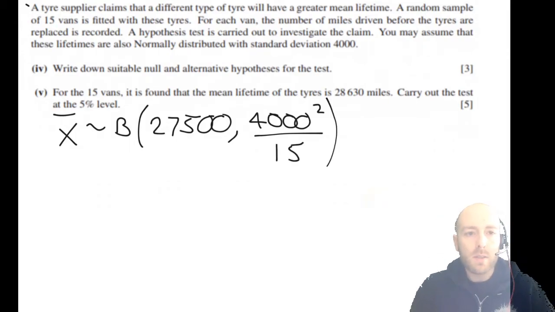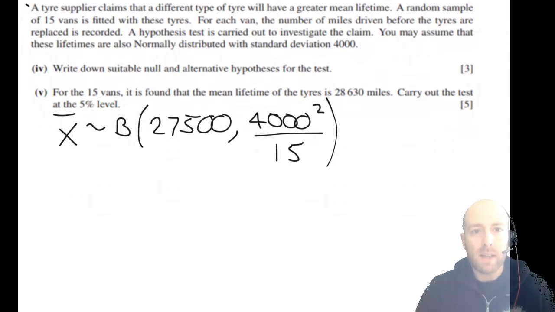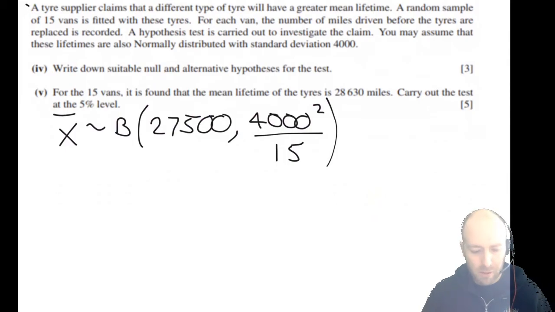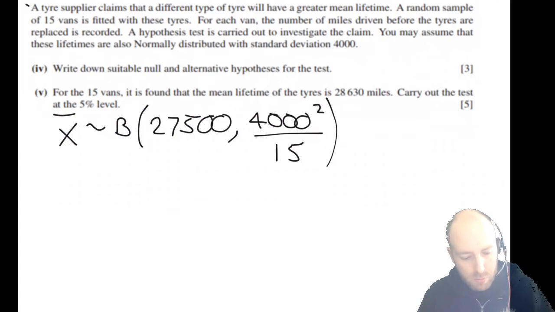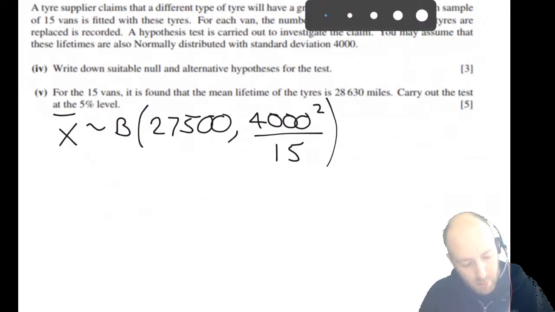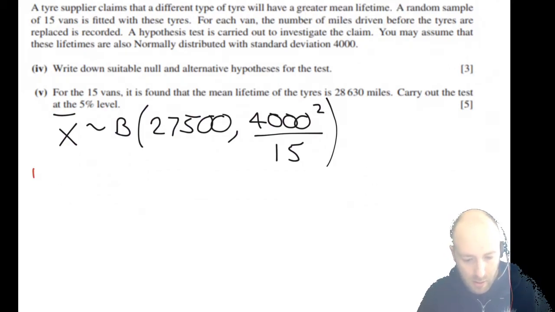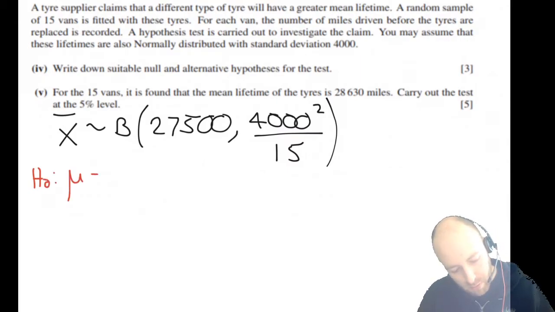This is what I was saying earlier. The 15 vans have a mean with an actual value, so we're talking about the number of miles driven for each of these vans. It's not just a number, it relates to something real. So first of all, we need suitable null and alternative hypotheses. H0: the mean is the same, 27500.